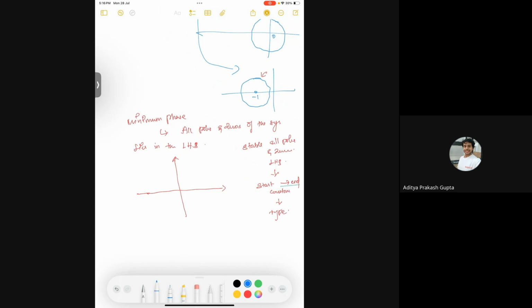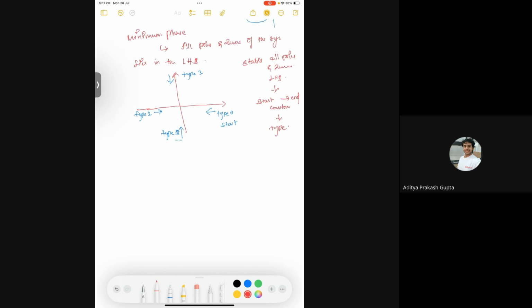For example, for a type 0 system, this is the starting point. This will start in this quadrant, right? For type 1 system, this starts here. For type 2 system, this starts here. I'm telling this only for the minimum phase system that has all poles and zeros in the left half of the S plane. For type 3 system, it starts in this quadrant, right?